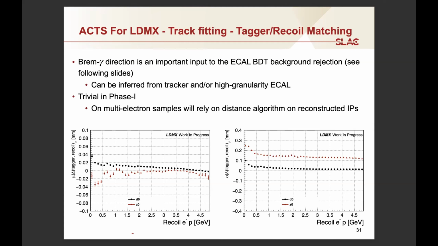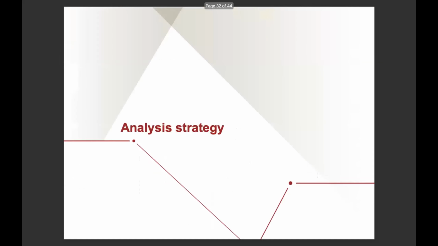In the bottom right part of the slide, you can see the resolution of the delta z0 between target and recoil, as a function of the recoil electron momentum, which flattens when the momentum is high, and then goes up to 200 micron of resolution for low momenta.